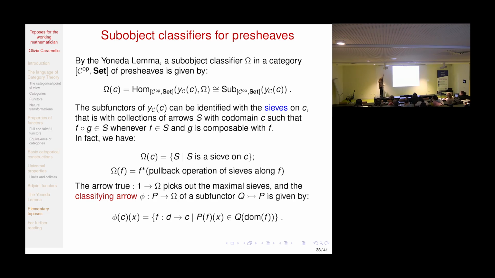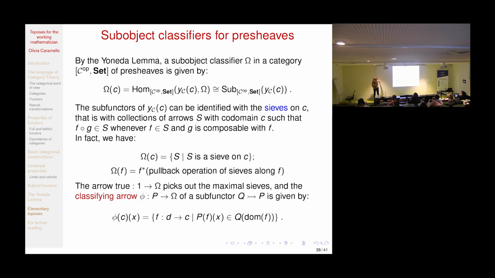Therefore, monomorphisms can also be defined pointwise. So a monomorphism, a subobject of a functor of this kind, a representable functor, will be the datum of, for every object D, a subset of this.